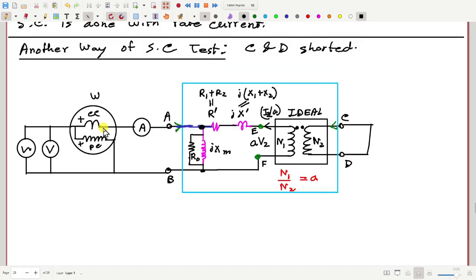Now, when we do this estimation, C and D are shorted. So how much is the impedance between E and F as seen from the left side? Zero multiplied by (n1 by n2) whole square, that is 0. So E and F are again shorted. When we short C and D, that means E and F are shorted as seen from the left side.